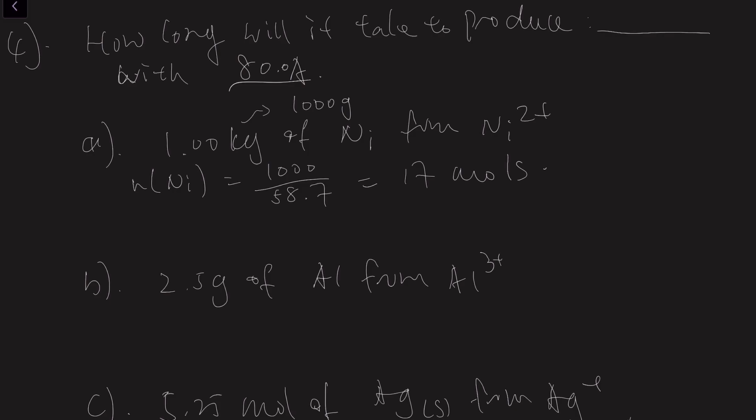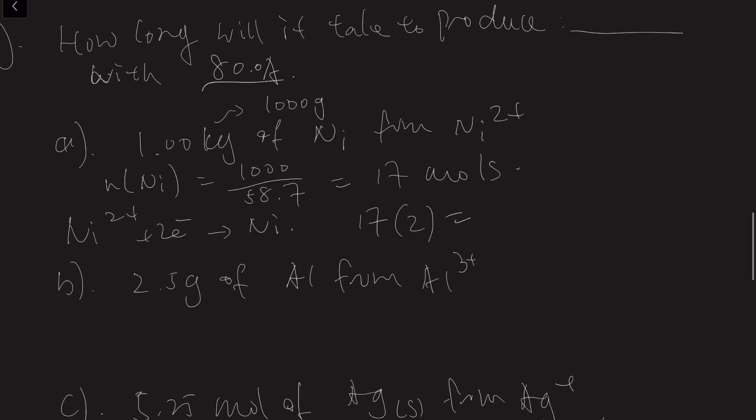So how many moles of electrons do you need? The reduction half equation looks like this. For every 1 mole of nickel produced, you need 2 moles of electrons put in. So you want 17 moles of nickel, so you need 17 times 2 moles of electrons, which is 34 moles.